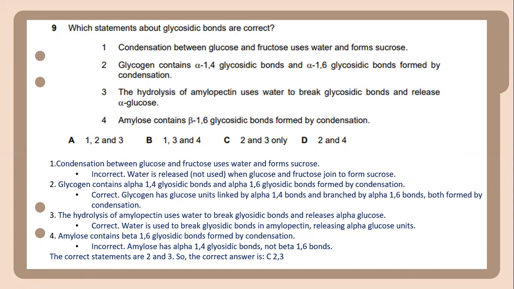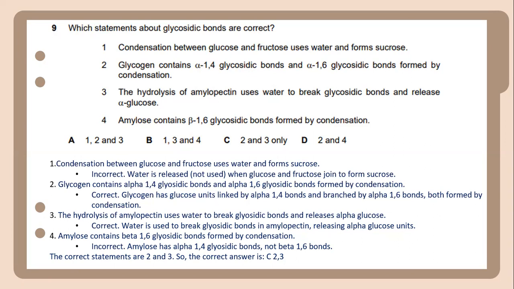Number 2 is considered correct: glycogen contains alpha 1,4 glycosidic bonds and alpha 1,6 glycosidic bonds formed by condensation. This is correct because glycogen has glucose units linked by alpha 1,4 bonds and branched by alpha 1,6 bonds, and both are formed by condensation. And statement 3 is also correct.